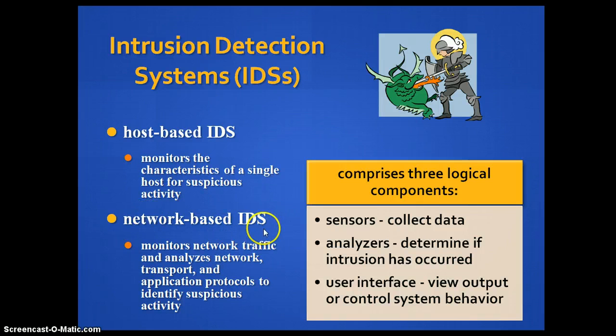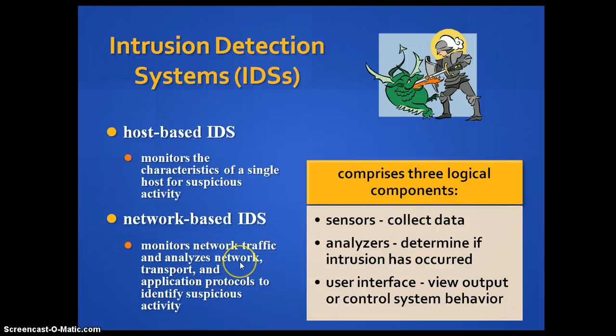Network-based intrusion detection system monitors network traffic and analyzes network transport and application protocols to identify suspicious activity. This is also on the boundary of the network. It also monitors the traffic into the network: is it regular traffic or something abnormal?